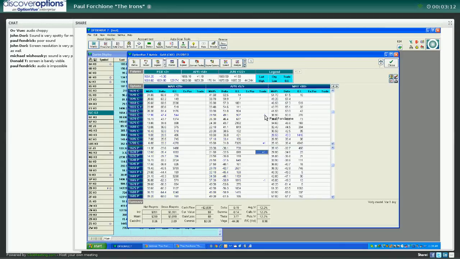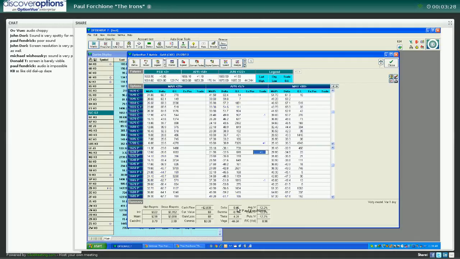What we're really looking at is a short straddle at the money, which is called the body of the position, and we are long the wings. We're long the 1700 out-of-the-money call and long the 1630 out-of-the-money put. That would create an iron butterfly.